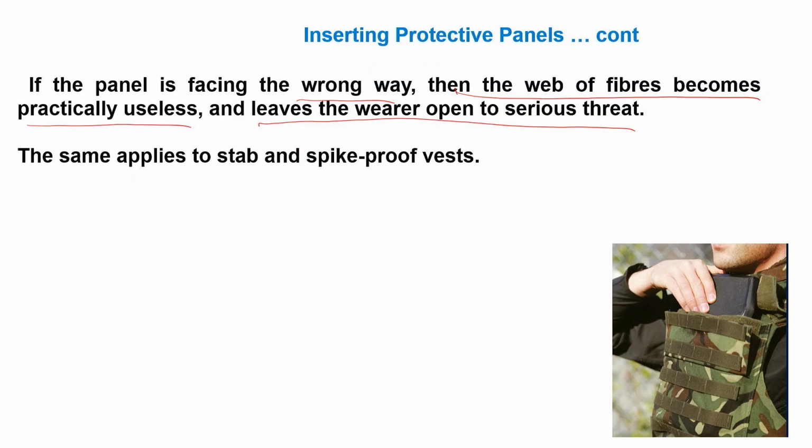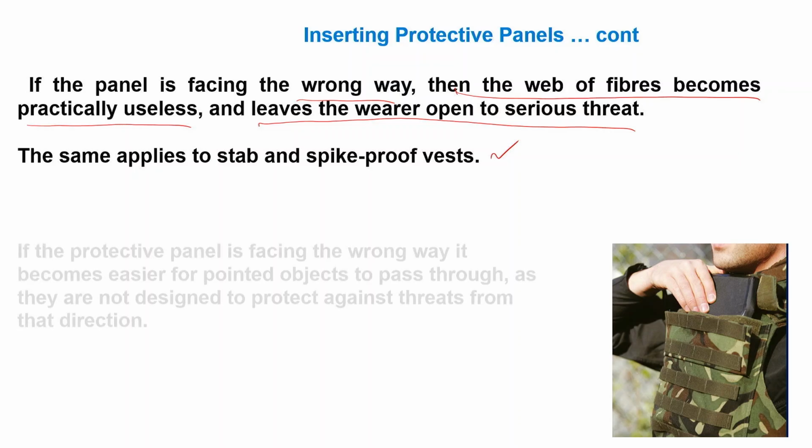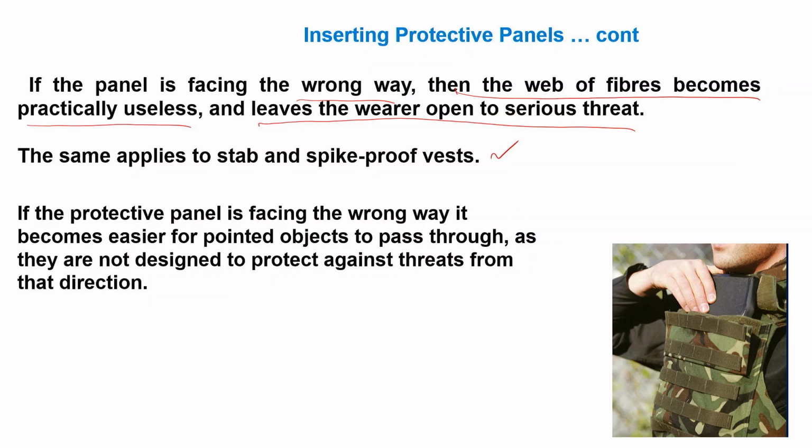The same applies to stab and spike proof vests. For any high threat protection, we have to insert this panel in the right direction. If the protective panel is facing the wrong way, it becomes easier for pointed objects to pass through, as they are not designed to protect against the threat from that direction.